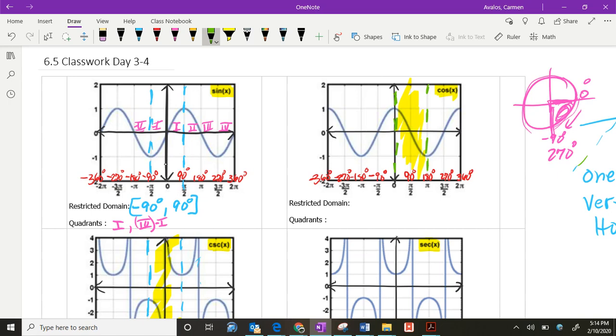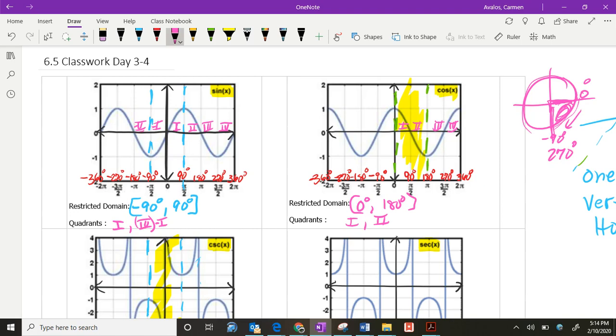So what quadrants are they? The quadrants that we have there: this is going to be quadrant 1 and quadrant 2. This is quadrant 3 and quadrant 4. Notice how none is there and none is going to be on the other side. So we're only restricting it to 1 and 2. The domain is going to be from 0 degrees to 180 degrees, and the quadrants are going to be quadrants 1 and 2.